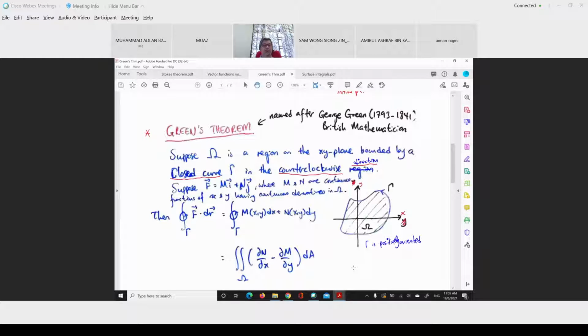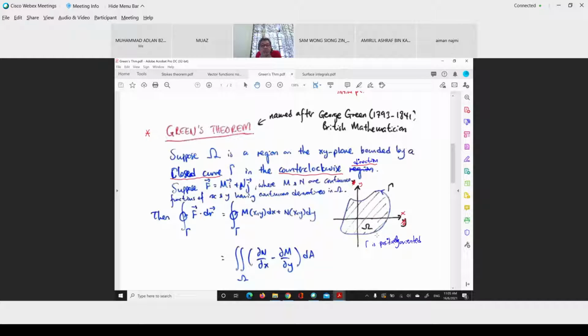Now, next I want to discuss what is called Stokes' theorem. Stokes' theorem is a three-dimensional version of Green's theorem. Green's theorem relates the double integral over a region, omega, with a line integral over its boundary.